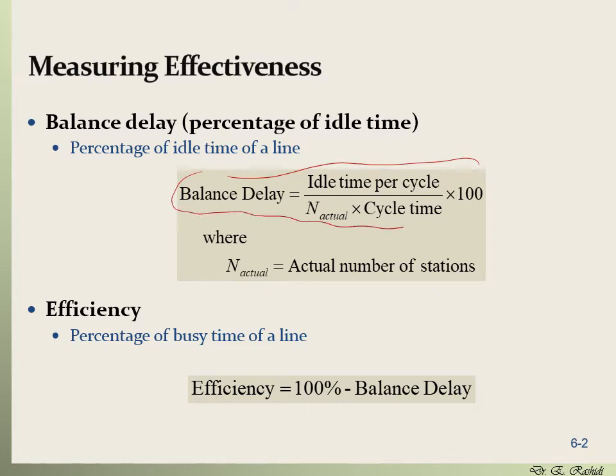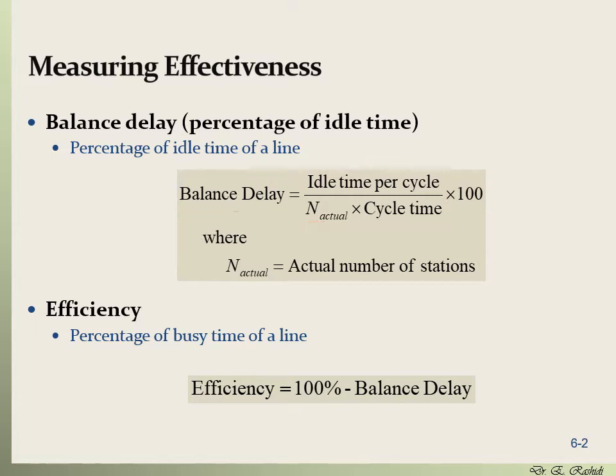Balance delay is idle time per cycle divided by the number of stations that you have multiplied by the cycle time, and you have to multiply by 100 to get a percentage.